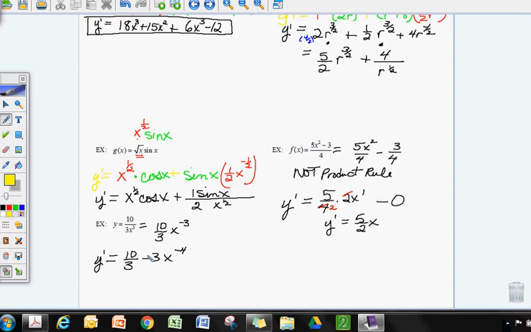When I look at cleaning this up, I see that there's some canceling that goes on, and my derivative turns out to be 10 over x to the 4th power. Oops. I lost my negative sign here. I knew I was doing something goofy. My derivative is negative 10 over x to the 4th power.